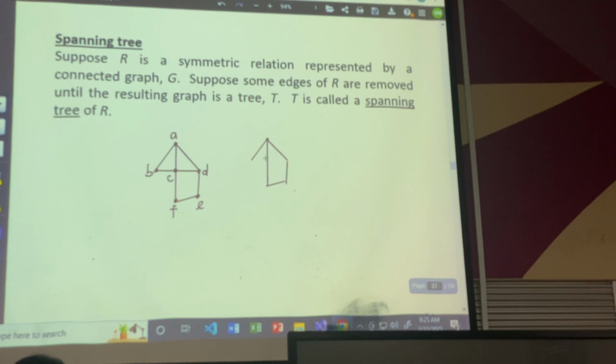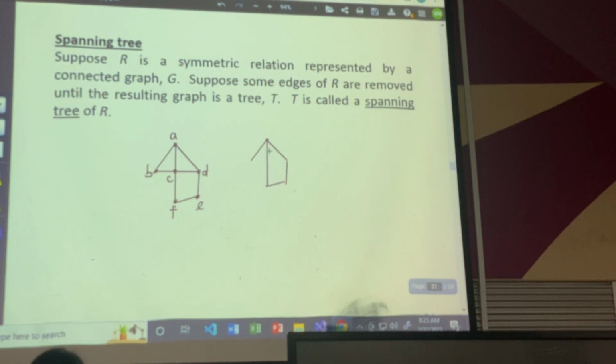Then it becomes like this, isn't it? Is this a tree? Is this a tree? No? What else do we need to remove? This one, right? We need to remove this, right?